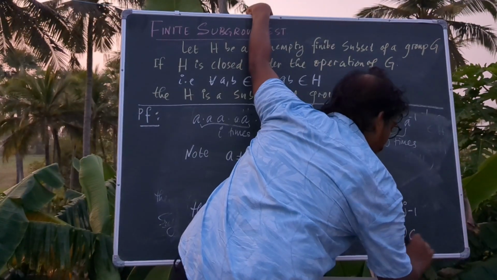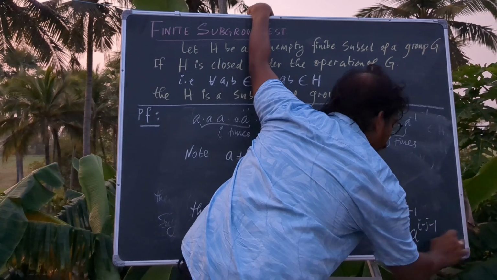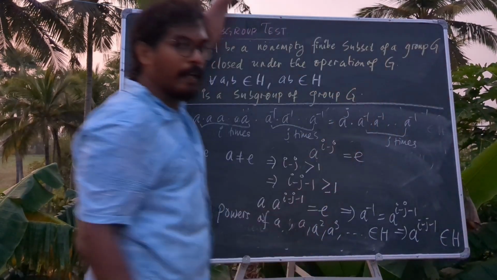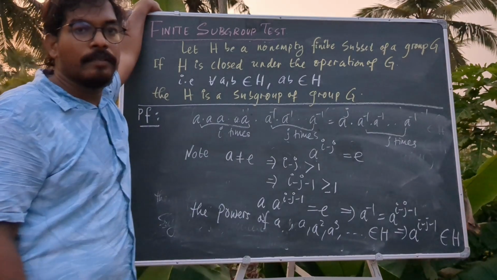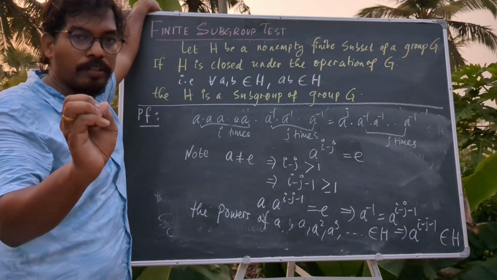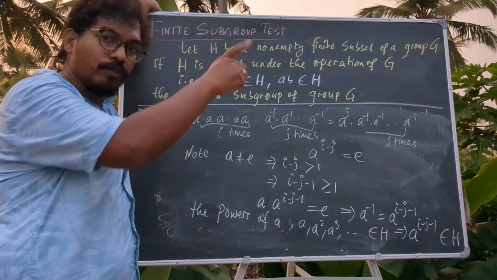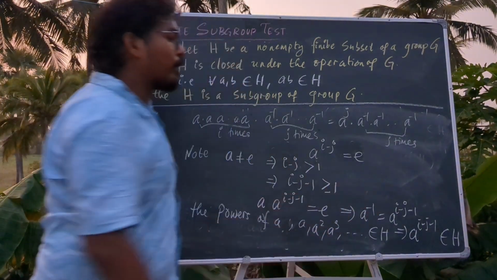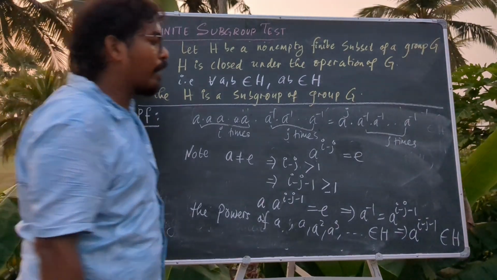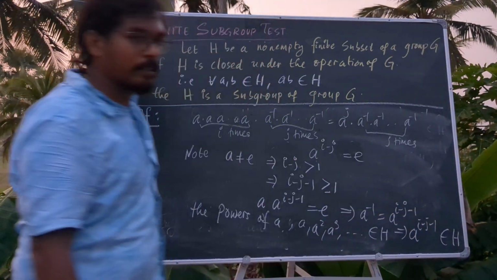That implies a to the power i minus j minus 1 also belongs to the subset H. This happens for every element a which is not identity, and for identity we have already shown it. So for any element of the subset H, its inverse is also in the subset H.